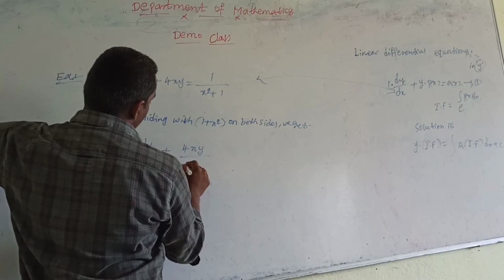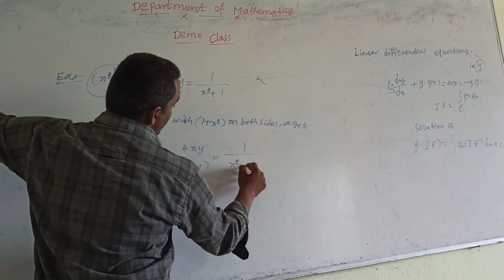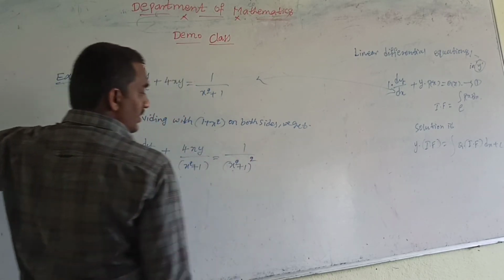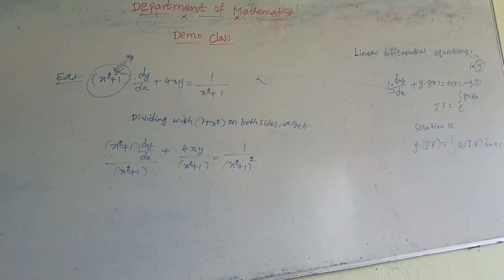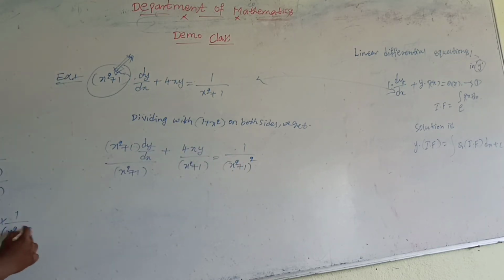On the right, 1 by x square plus 1, divided by x square plus 1, becomes 1 by x square plus 1 into 1 by x square plus 1. That is 1 into 1, which is 1, and x square plus 1 into x square plus 1 is x square plus 1 whole square. So these two terms vanish.